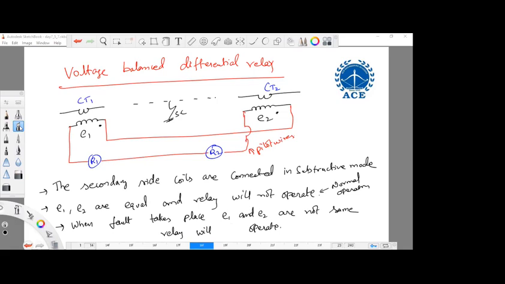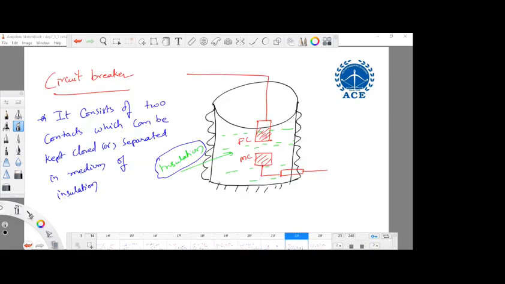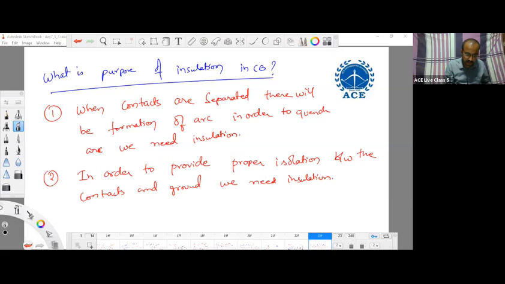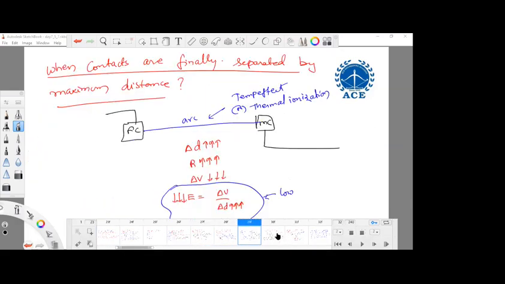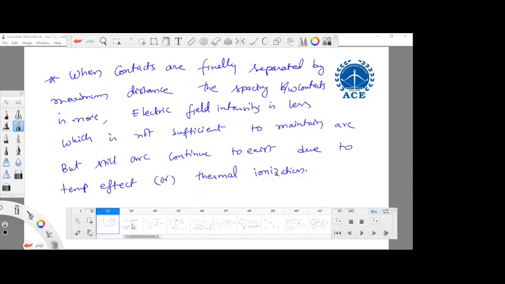Sir, in the voltage race theory, you said that the absorption rate of electrons is greater than the releasing rate of electrons. But here you told only about dielectric strength and restriking voltage.